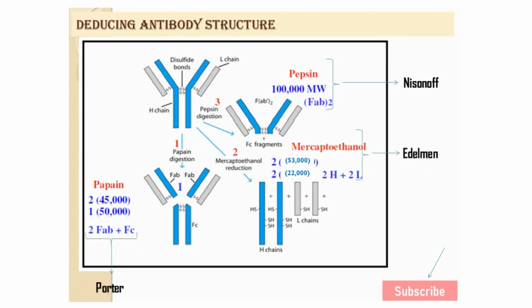Porter found that proteolytic treatment with the enzyme papain split the Ig molecule of molecular weight 1,50,000 Dalton into 3 fragments of about equal size. 2 of these fragments were of equal size, each of molecular weight 45,000 Daltons. They were known as the Fab fragments because they had antigen binding activity.